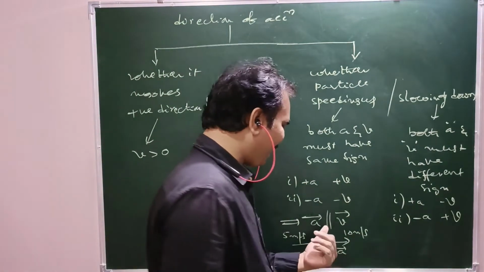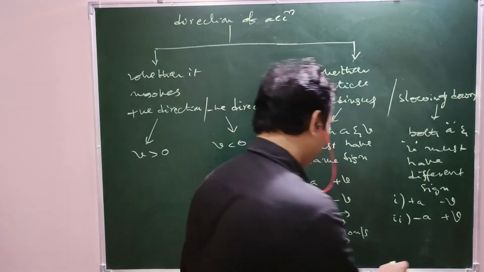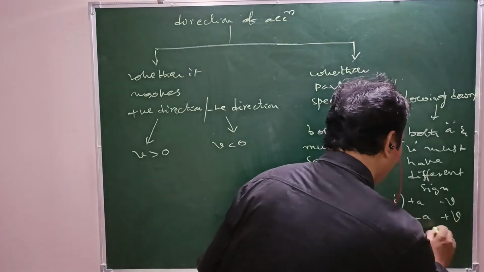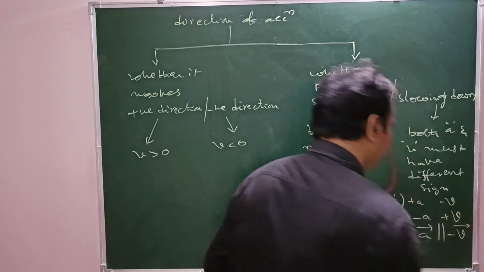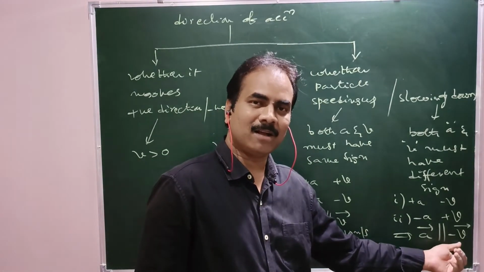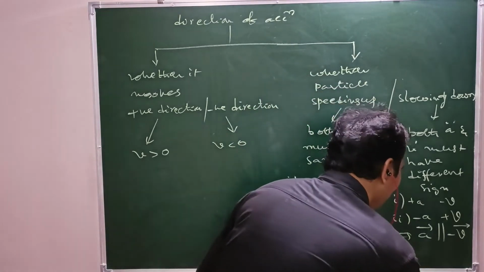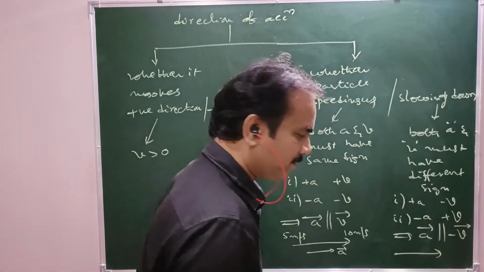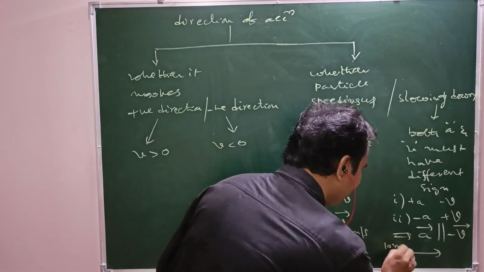So what about the direction of acceleration? It is opposite to the direction of velocity. This implies acceleration is anti-parallel to velocity. That is, the direction of acceleration is opposite to the direction of velocity, otherwise opposite to the direction of motion of the particle. Suppose this is the path followed by the particle. Here, the velocity is 10 meters per second.